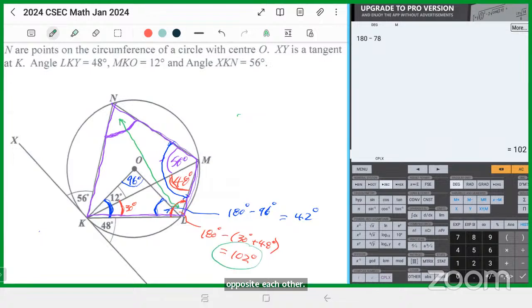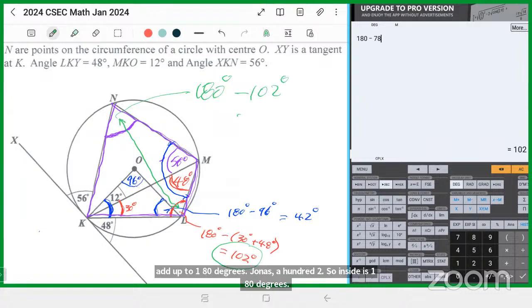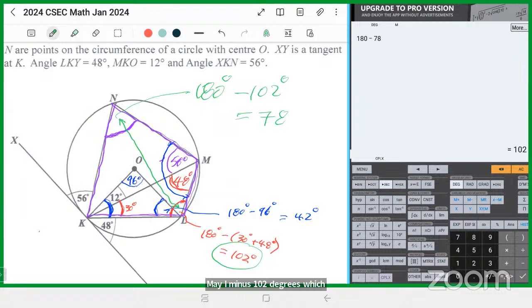The one is 102, so it's 180 degrees minus 102 degrees, which is 78 degrees. That's maybe the easiest way to get it. So that will be the answer, because opposite angles in a cyclic quadrilateral add to 180 degrees. The fancy word for that is that they are supplementary.